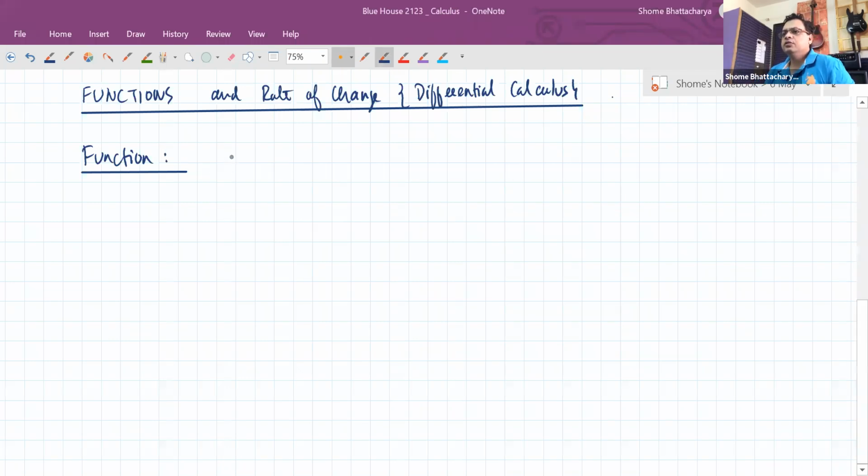So let's write down the definition of a function, the way you all have described correctly.